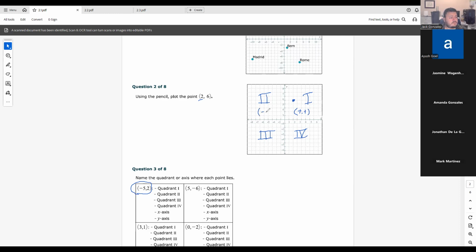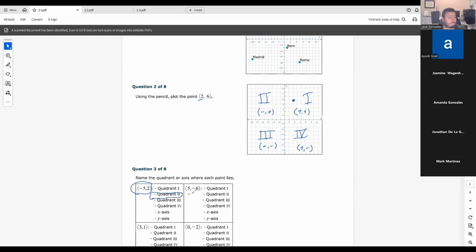This is always negative plus. This is negative negative. Looks like an owl, kind of. Plus minus. So we got what? Minus plus? Yeah, for sure has to be 2.